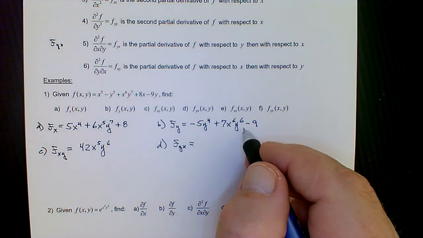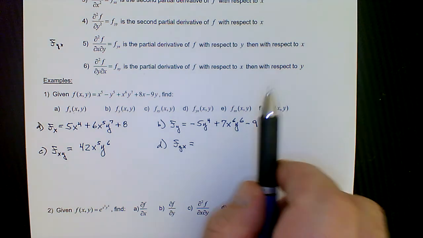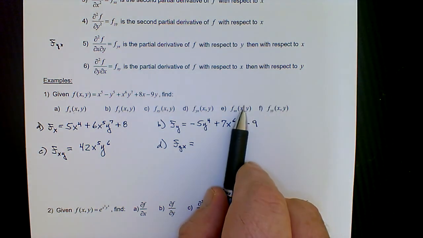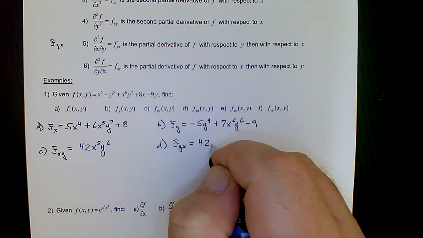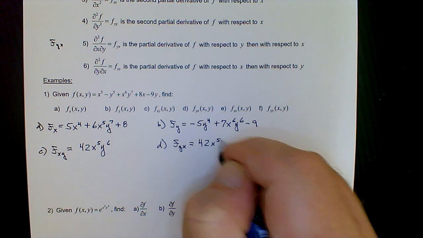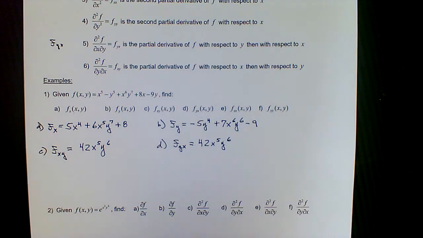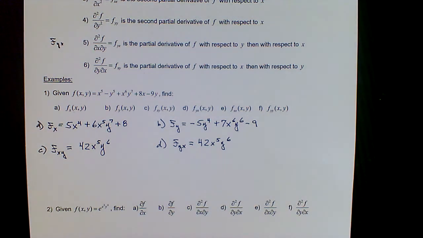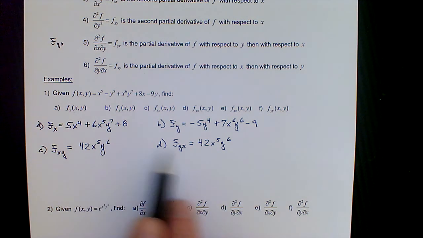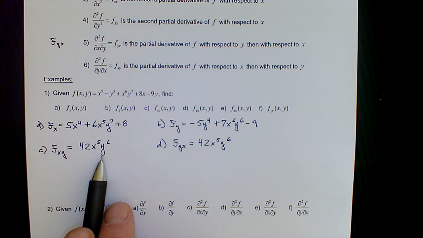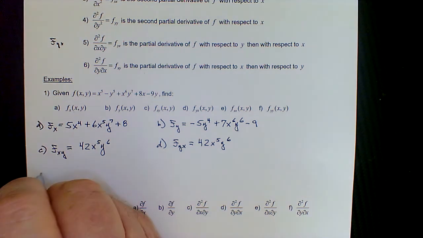The 7x to the sixth, y to the sixth: we're holding y as a constant, derivative of 7x to the sixth is 42x to the fifth, and the y to the sixth tags along as a constant multiple, and the derivative of negative 9, of course, is 0. And remember, we did have a theorem when we covered this that as long as the functions are continuous, the mixed partials will be equal. So that's kind of a little verification.